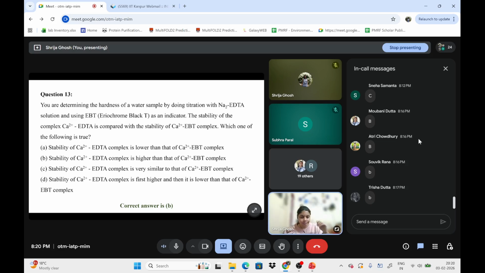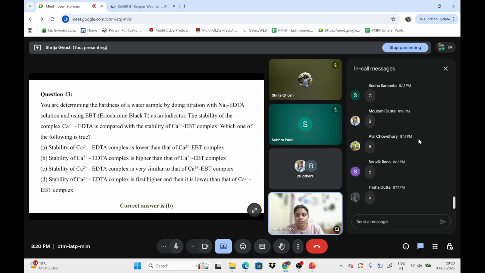EDTA. Then we can see how much EDTA solution was required for this color change to occur, and based on that we can determine the concentration of Ca2+. Based on the burette reading, you can directly calculate the concentration of Ca2+, because that much EDTA was required to take all the Ca2+ from the solution.